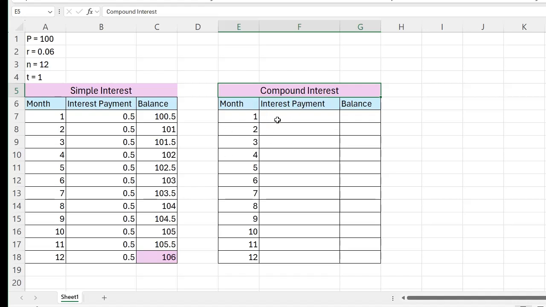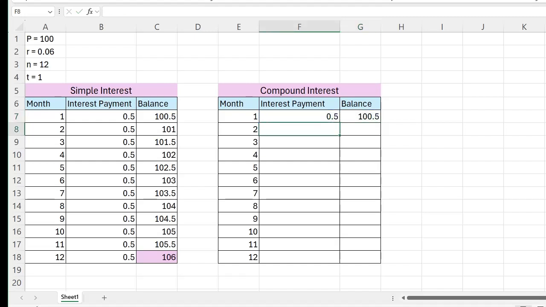What happens in compounding? Well, for the first month, for my interest payment, I will have that $100, my principal, and I will still have that 0.06 that I'm going to break up 12 times. So nothing is different for the first month. I get 50 cents, so my balance is that $100 plus my new 50 cents.